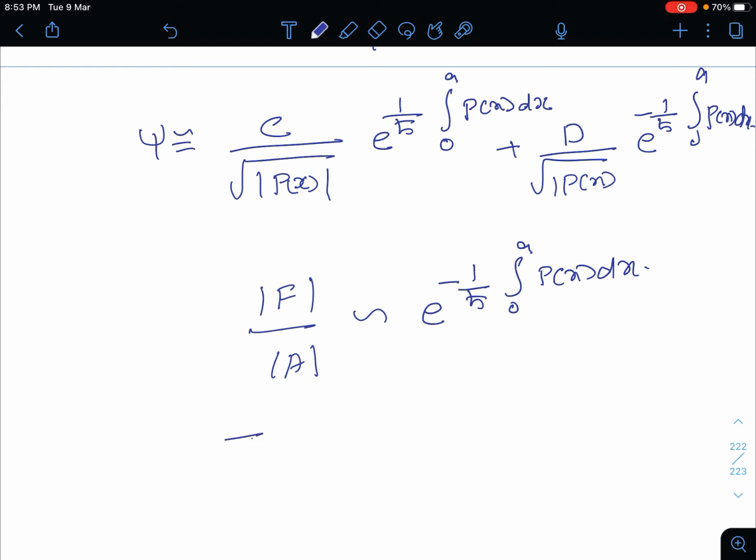Now the transmission coefficient is the square of this, so this is almost equal to e raised to minus 2 by h cross, integral 0 to a p of x dx. Correct? Good. So that is how we will be doing it. Okay, so that's the first part. Okay, thank you.